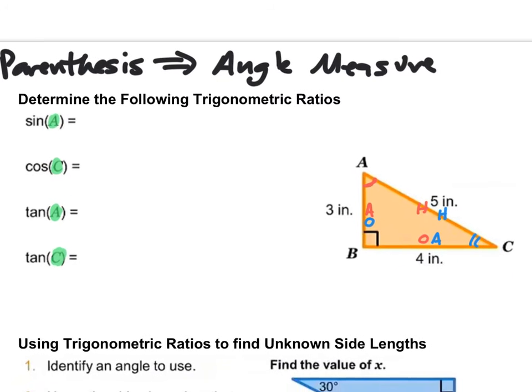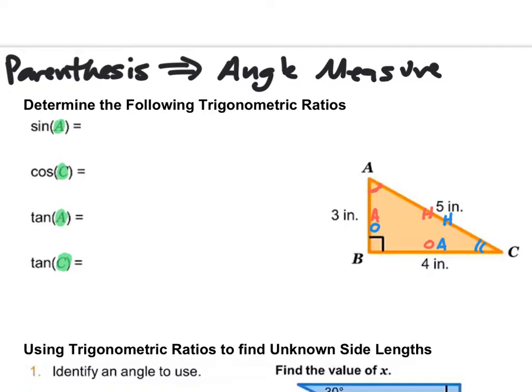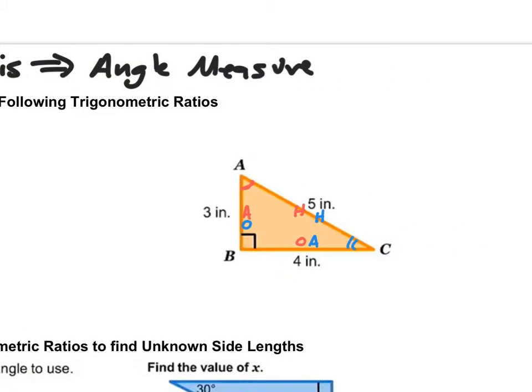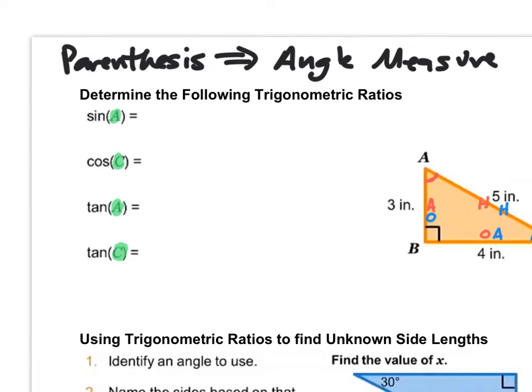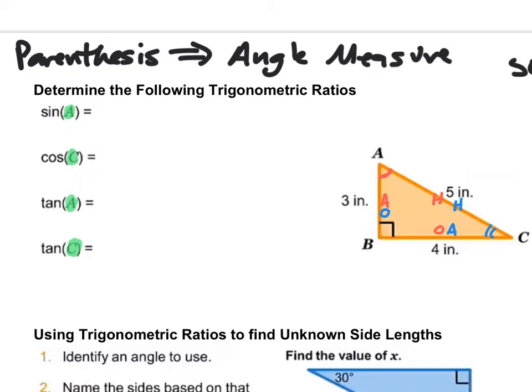So what I'm going to do is, let's talk about sine of A. Before we do anything, let's remember the phrase SOH CAH TOA. So here's angle A, and I want to do sine of that.